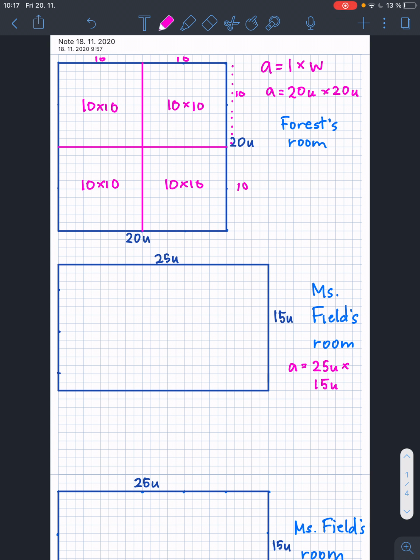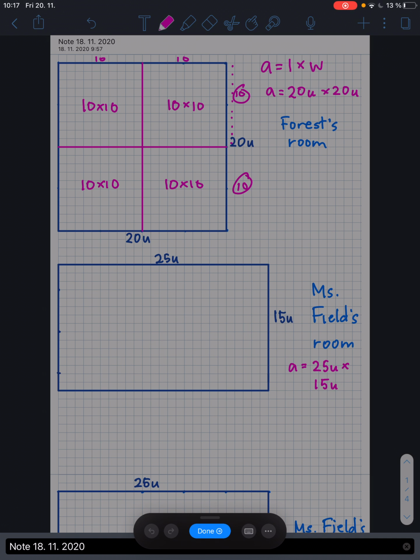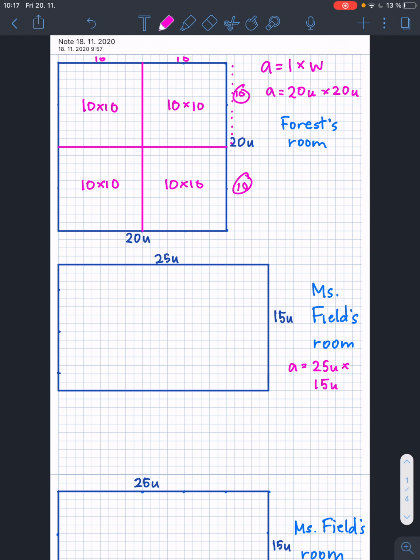So she broke up the 20 into 10 and 10, and she broke the other 20 into 10 and 10 as well. So now she's looking at smaller equations inside this bigger equation. This shows really, really powerful mathematical thinking.